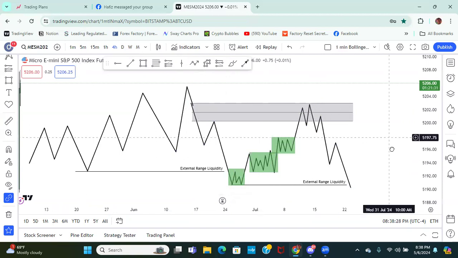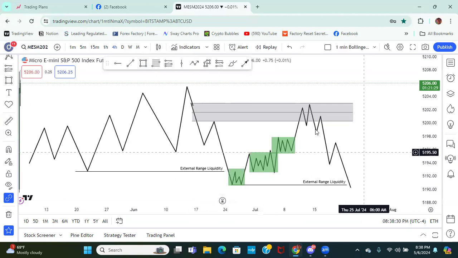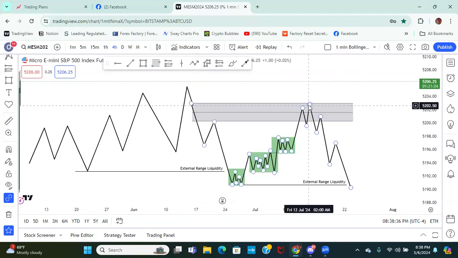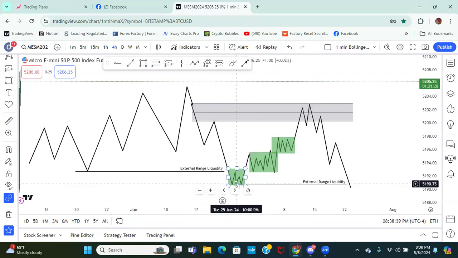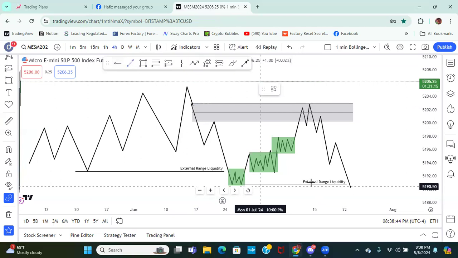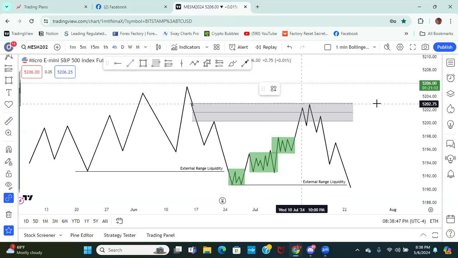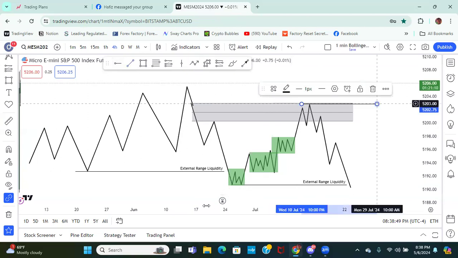And then at this point, once it gets up into here, we come back and we look at this new low that was set into the market to this high. Let me highlight that. So from this low, which is already highlighted with this external range liquidity, to this high is one price leg.